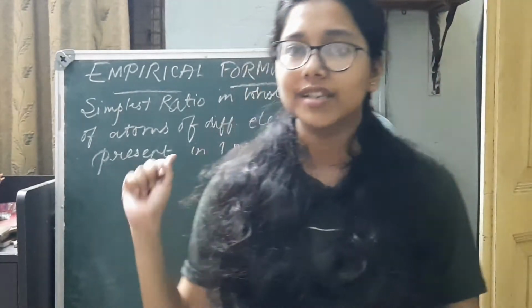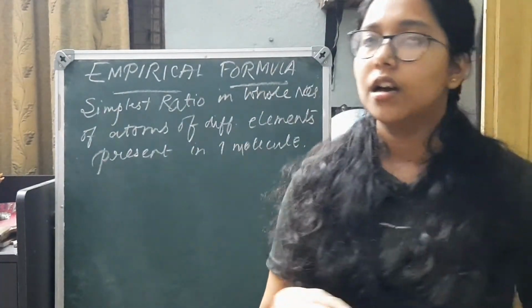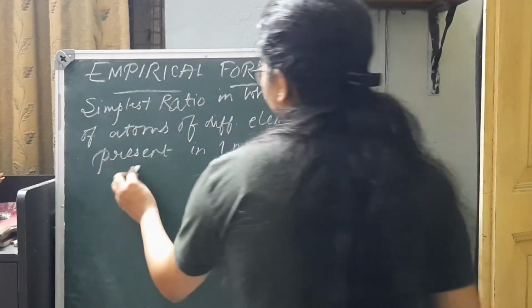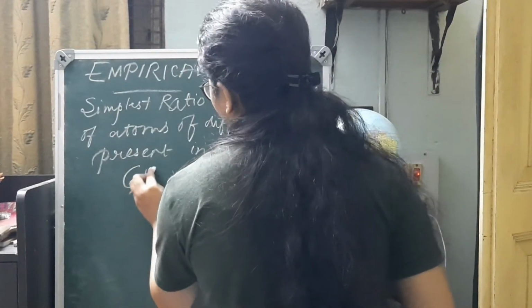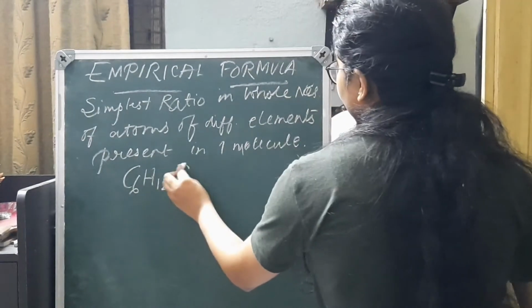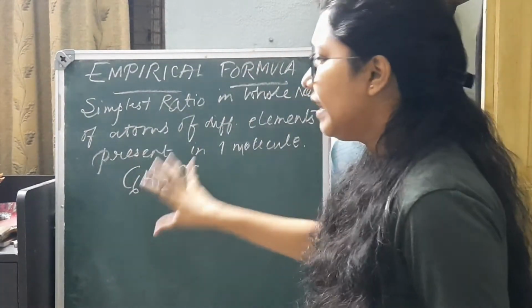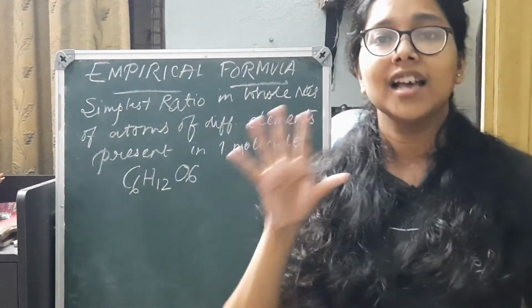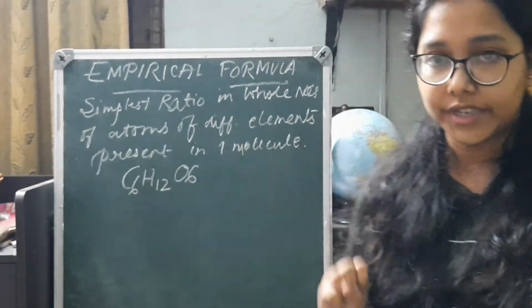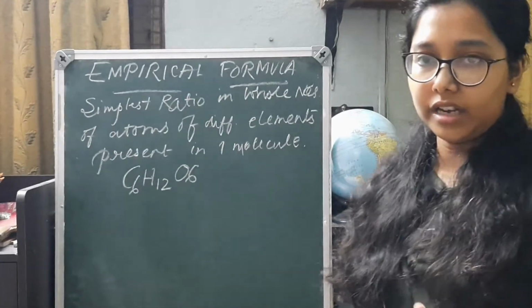So just seeing one basic example, okay, that is the most common example, glucose, C6H12O6, and you are being asked to write the empirical formula of glucose, C6H12O6. So how will you write the empirical formula?